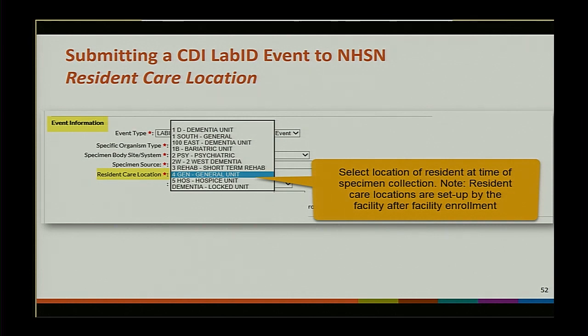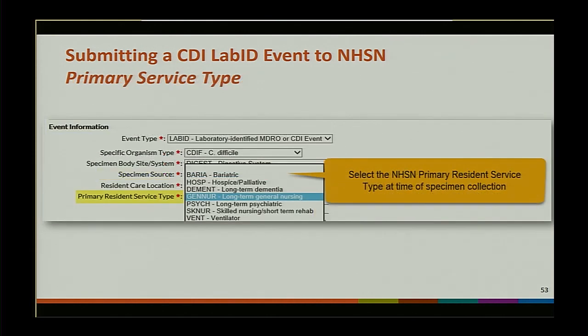So you'll just need to go back in and map your locations. And once you map your locations, you do it one time, and then you don't have to do it again unless you get a new location or that unit closes down. Okay, so one-time thing. And then you select your primary resident service type, which kind of coordinates with the location.